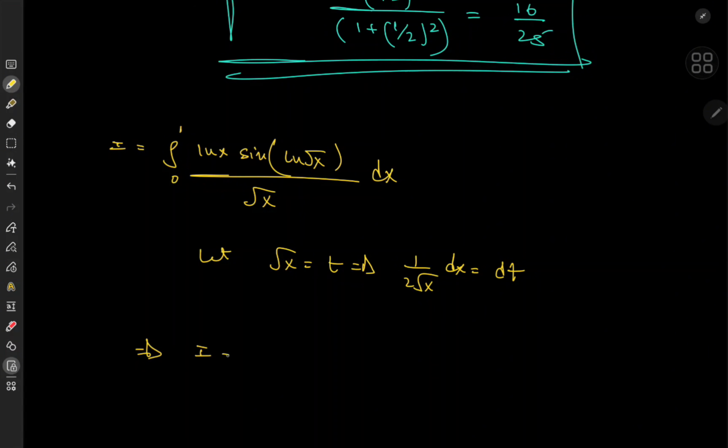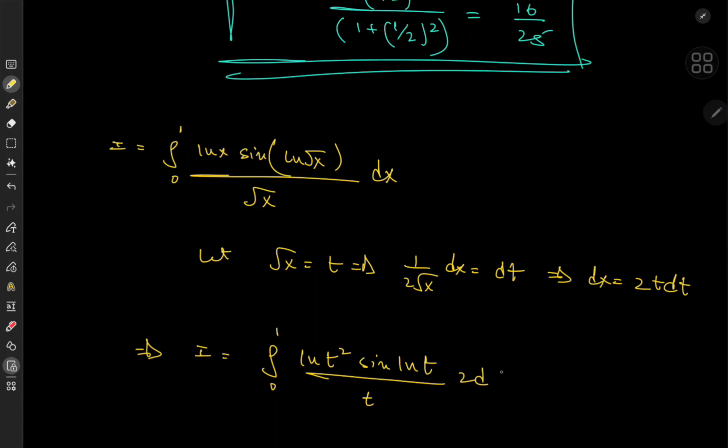So this implies that I here is the integral from 0 to 1 of log of t squared, sine of log t over t, and we have dx here equal to 2 times t dt, because root x is, of course, our t variable.